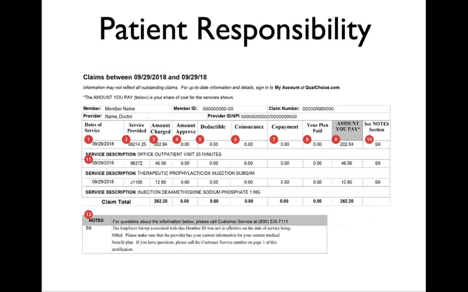Here is another example, and now I'm going to ask you all a question. Look at where it says number 2, and please tell me what these 3 codes are. What type of codes are these? CPT code.